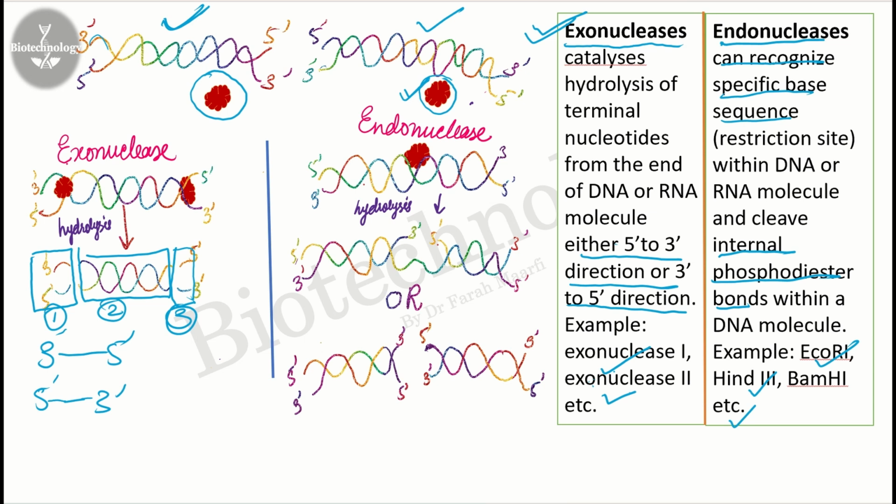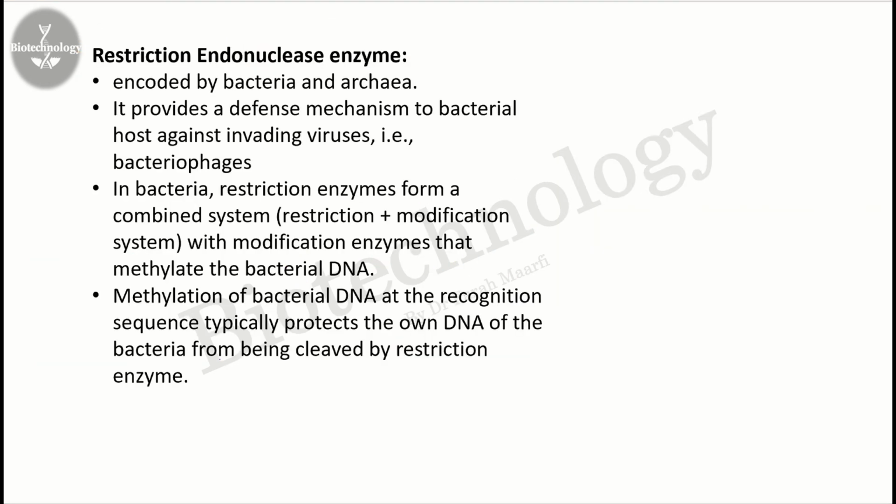If we treat this DNA molecule with the endonuclease or restriction enzyme, then it first recognizes the particular strand or particular bases where it should make a cut. So first it recognizes its own particular site, then makes a cut.